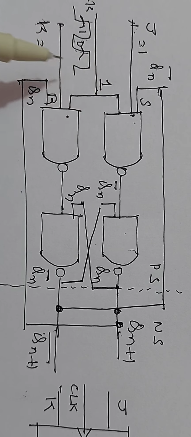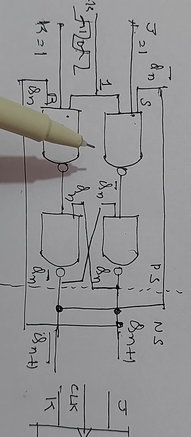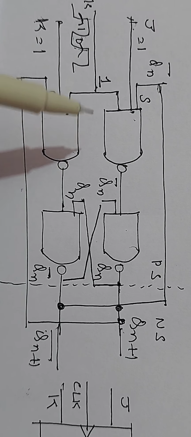Even when J equals 1, K equals 1, when the clock pulse is 0, it should act as a memory element.